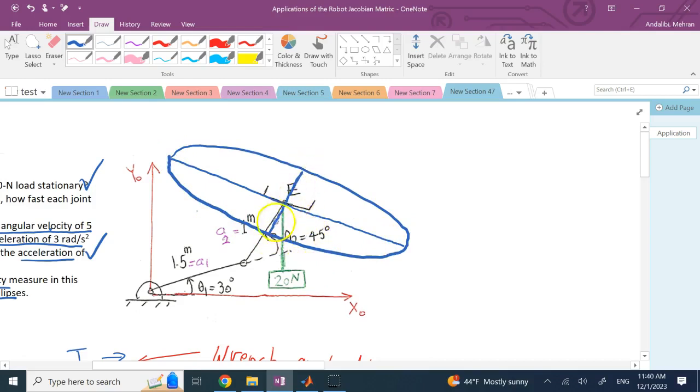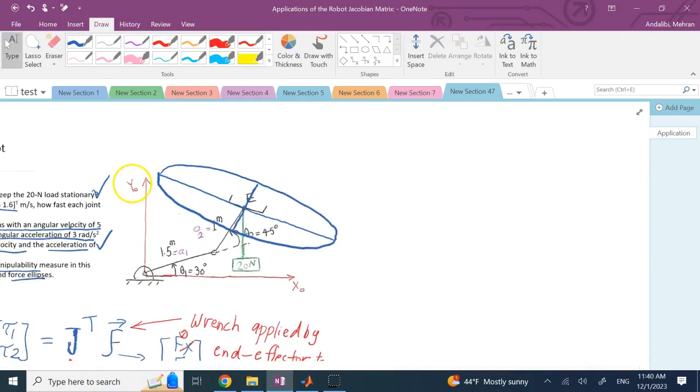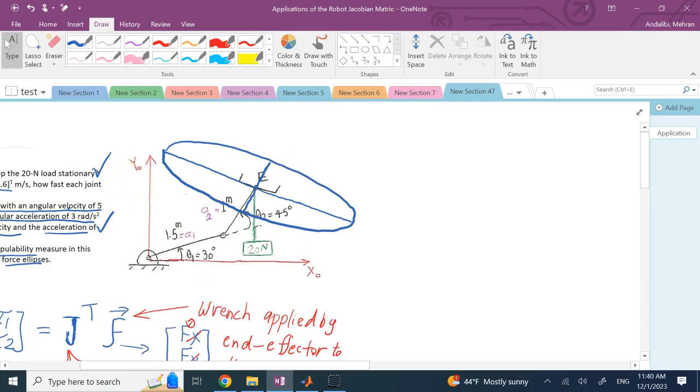So in this direction, this is the slowest that you can go. This is the minimum that you can go. In this direction, the longer part is the direction that you can move fastest at the moment. So this is the manipulability ellipse, right, for this 2DOF robot at this point.